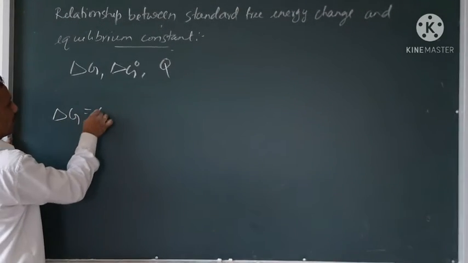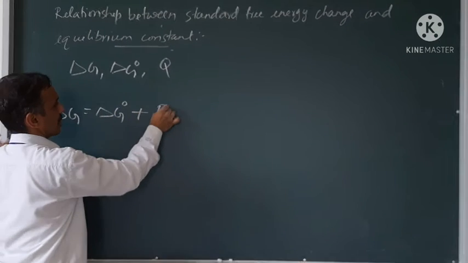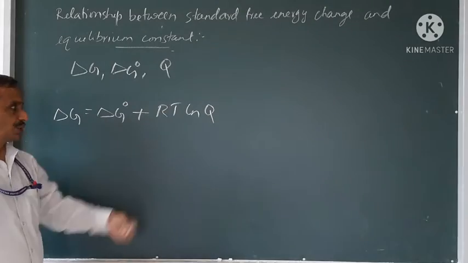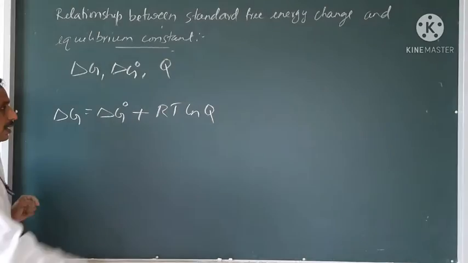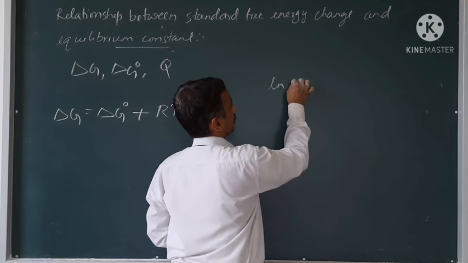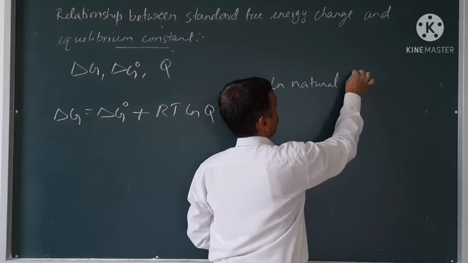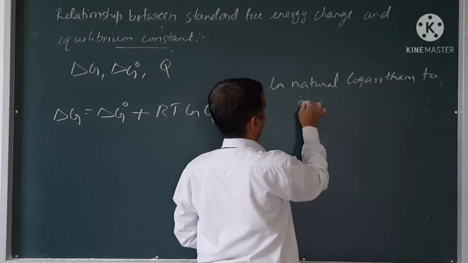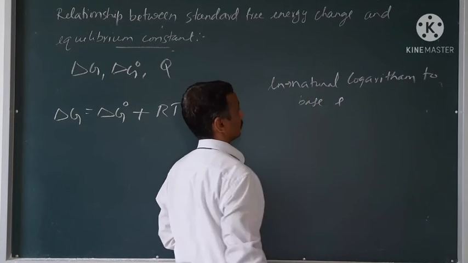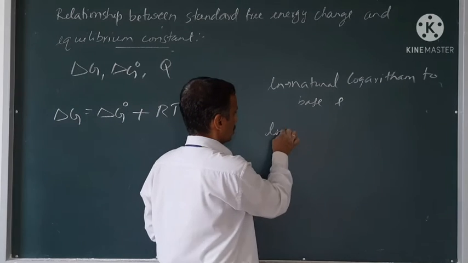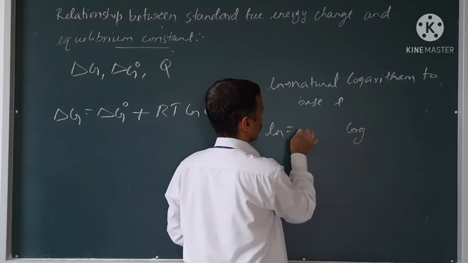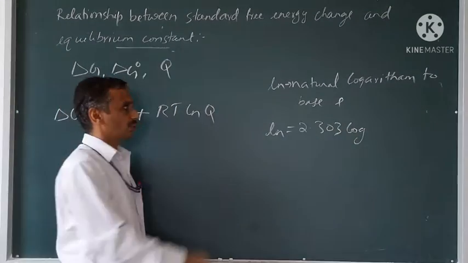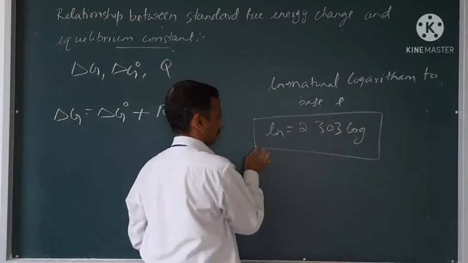Delta G is equal to delta G naught plus RT ln Q, where Q is the reaction quotient and ln is the natural logarithm to base e. ln and log are related as ln is equal to 2.303 log, from the maths I derived. So note down this relationship.